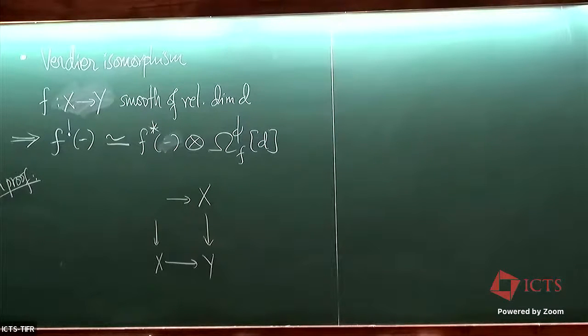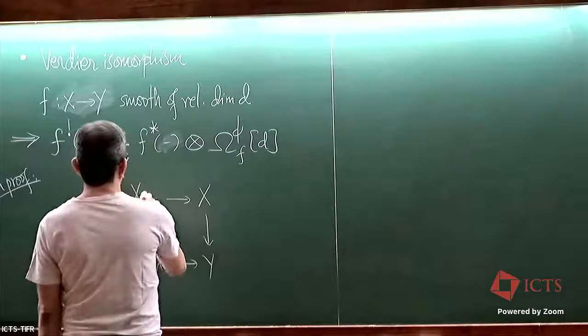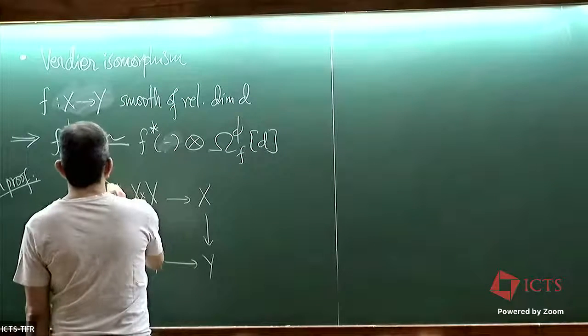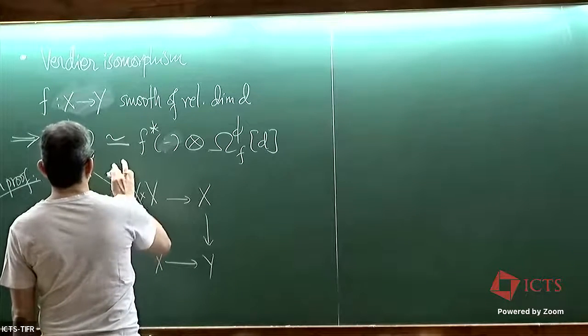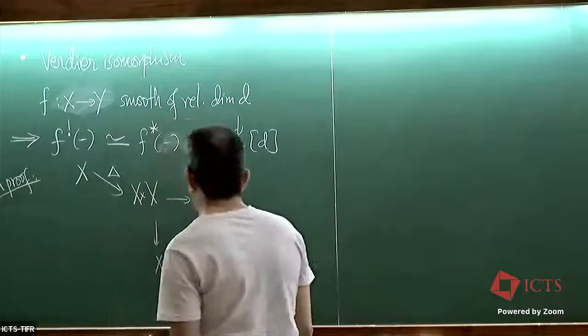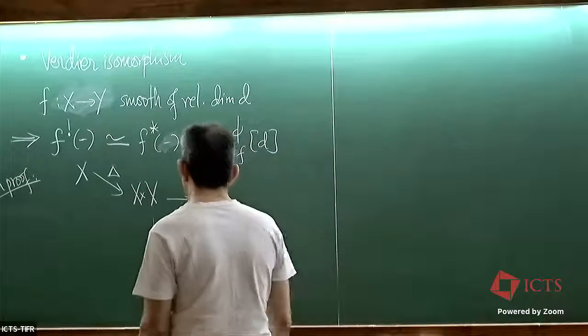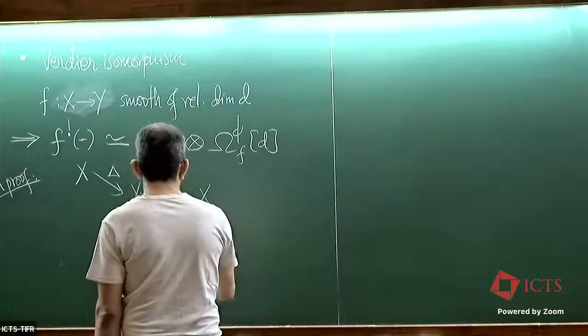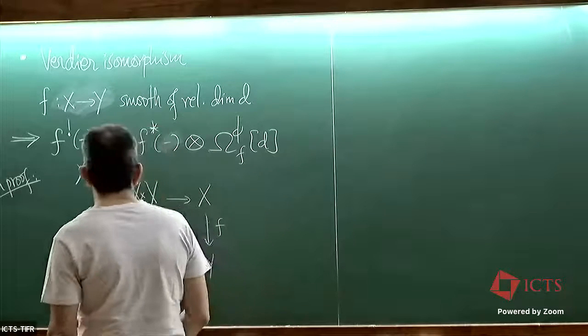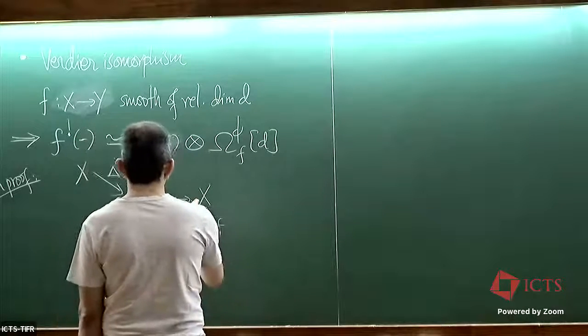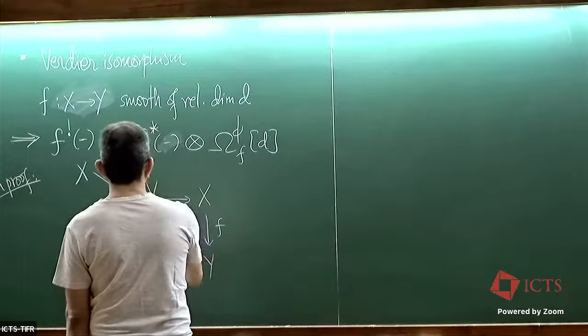But still, you can give a map in this direction, and that's what we will use. This is a useful trick that we keep using. So this is f and f, and you can call these pi 2 and pi 1.